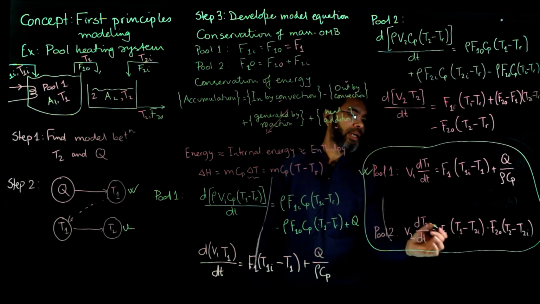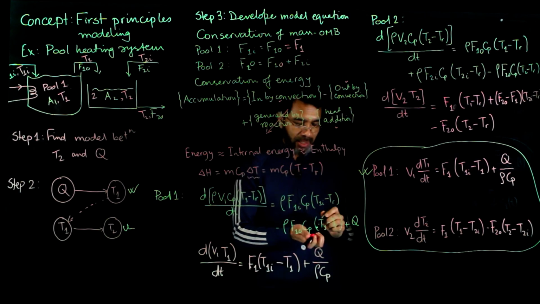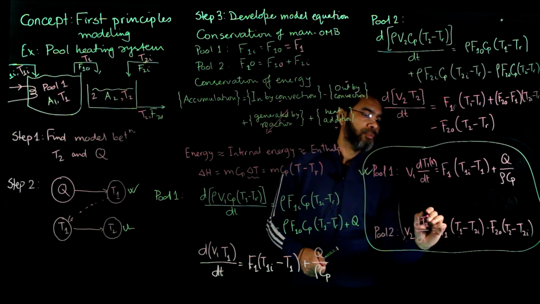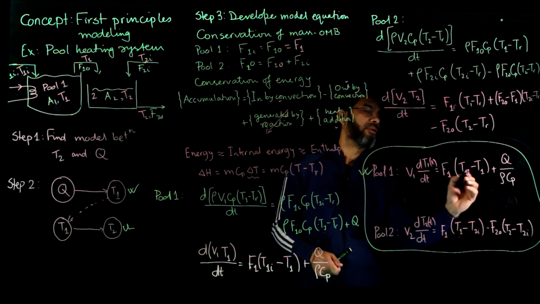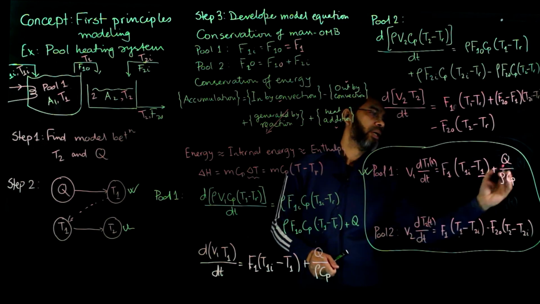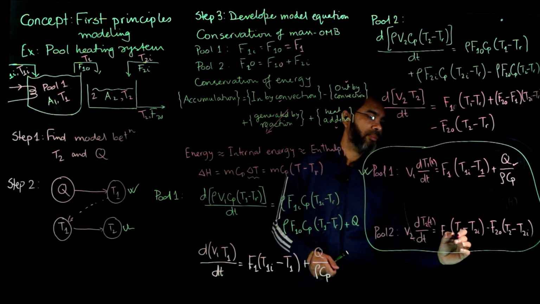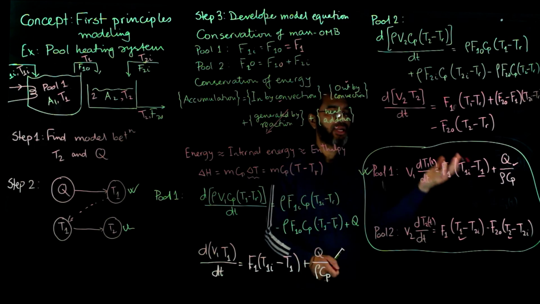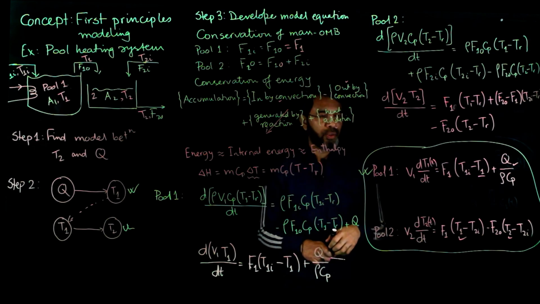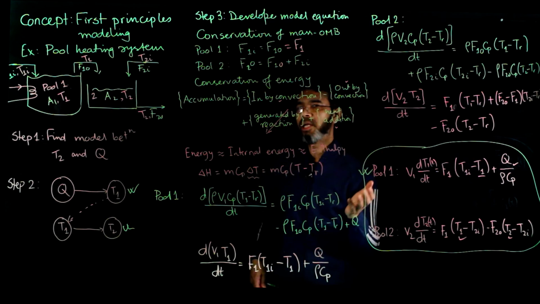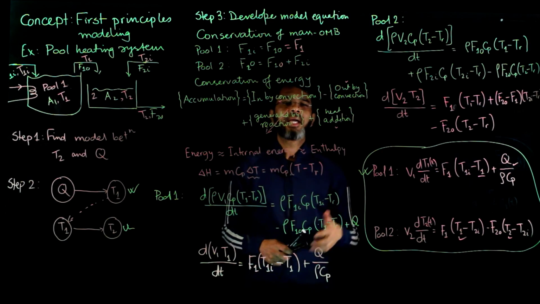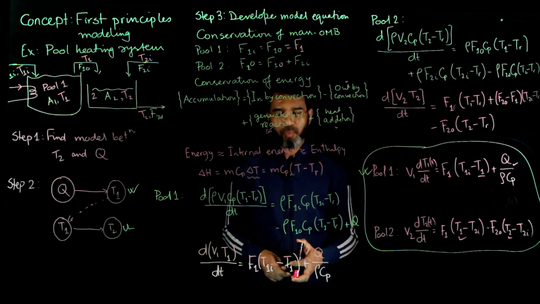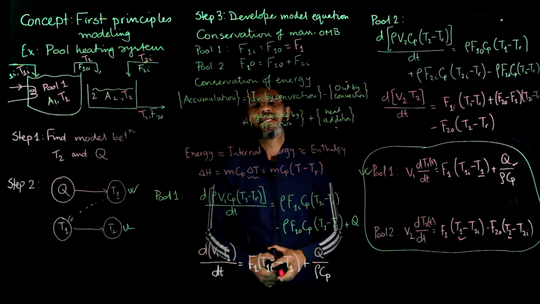So the relation between T1 and T2 is expressed by this equation. For this case also T1 will be a function of time, Q a function of time, T2 a function of time. We can assume some other values to be constant, but again we will see in good detail the notations regarding T. But that is the model equation between the temperature in tank 2 and the heat input in tank 1.